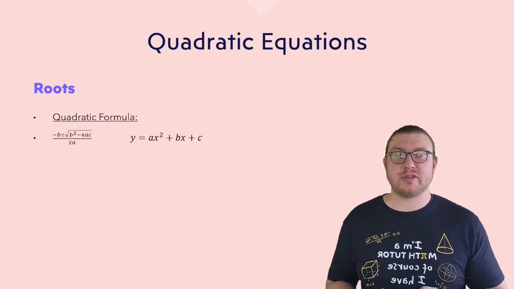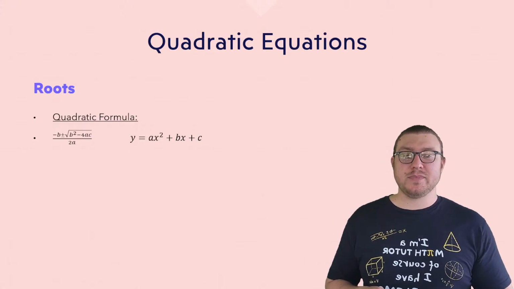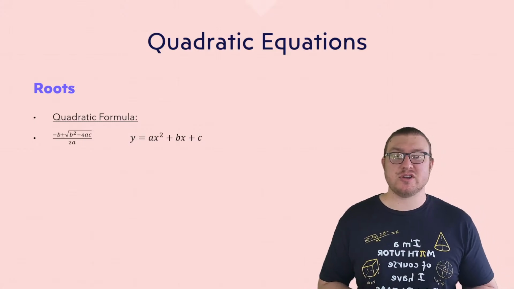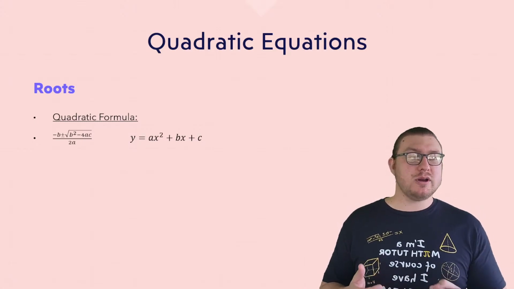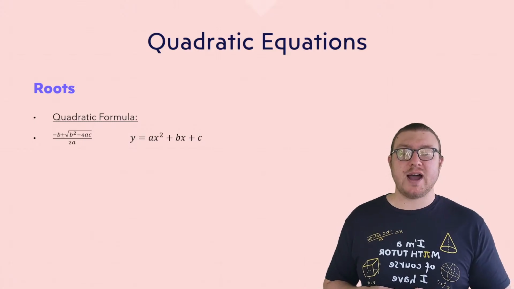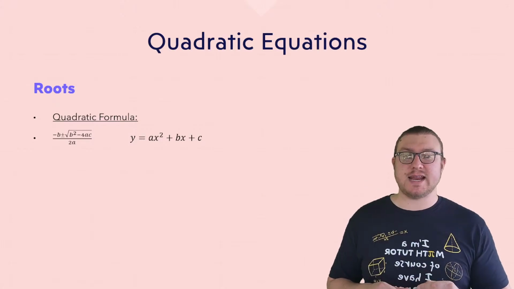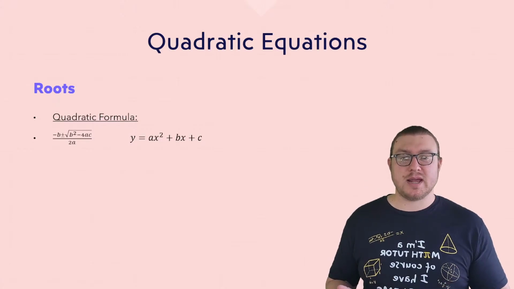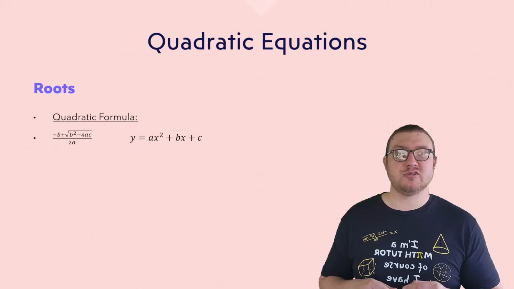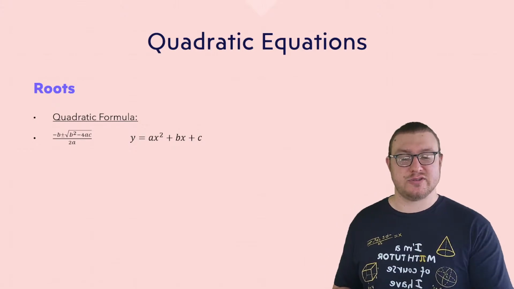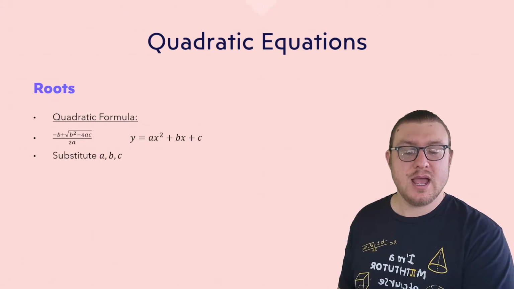So let's have a look at the quadratic formula. Check if this is on your formula sheet. The only thing you need to do here is find out if your equation is in standard form, ax squared plus bx plus c, and substitute those values into the formula.